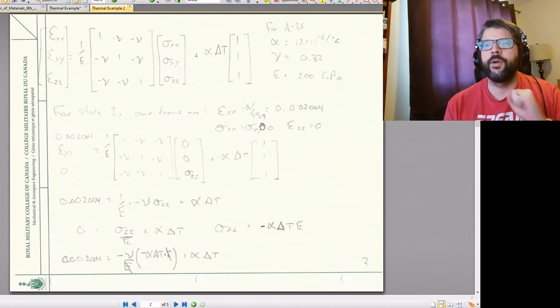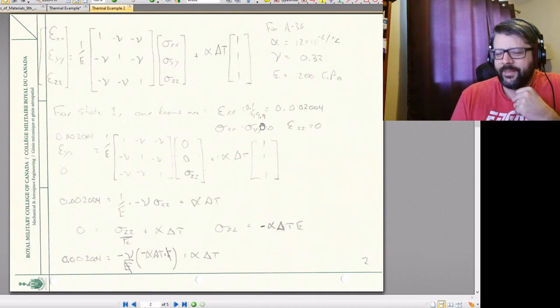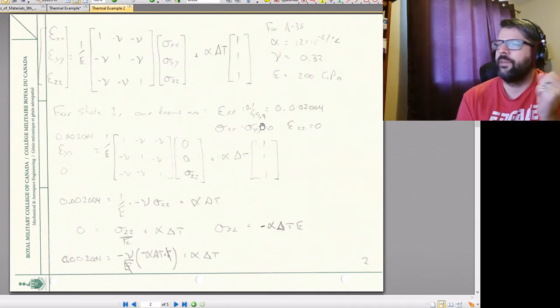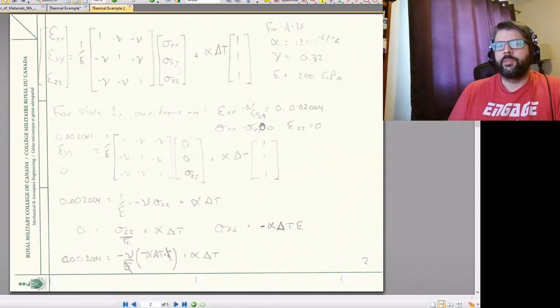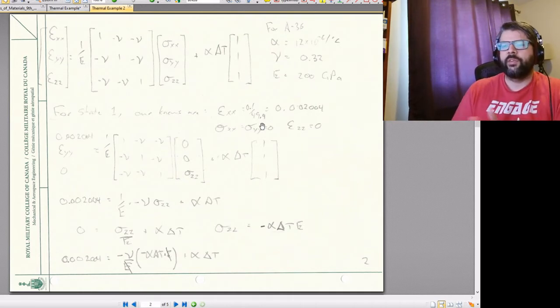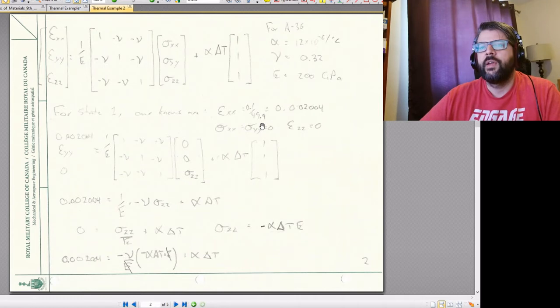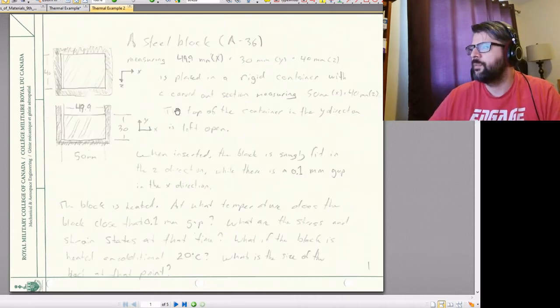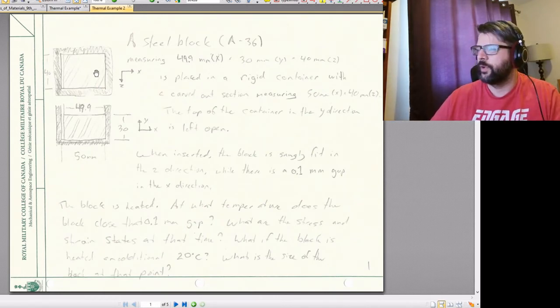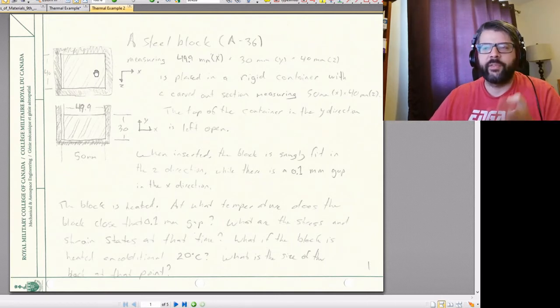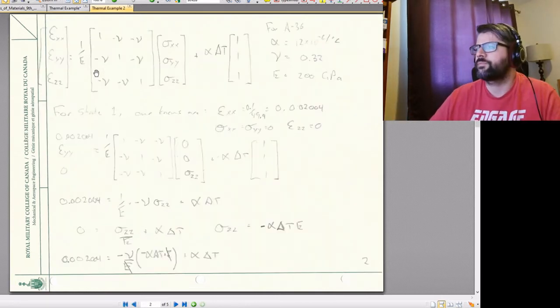No, that is not the case, and that is due to the fact that essentially when you start heating the block, it's not free to expand in all directions. It is constrained by the fact that it is quite snug across this dimension here. The 40 millimeters there, it is not free to expand at all in that direction.